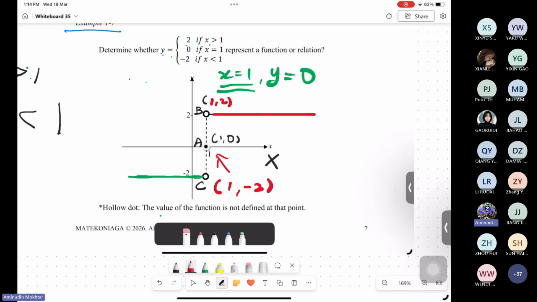And this line shows that when x is less than 1, we need to draw the hollow dot to show that the value of y does not exist at the point.